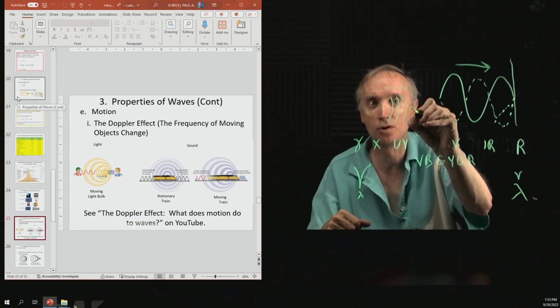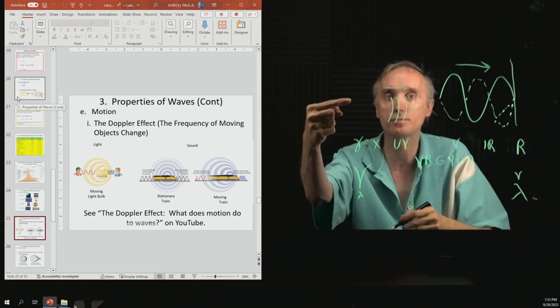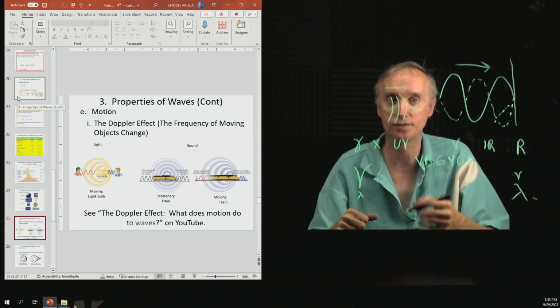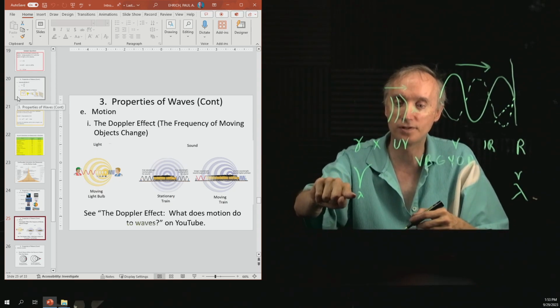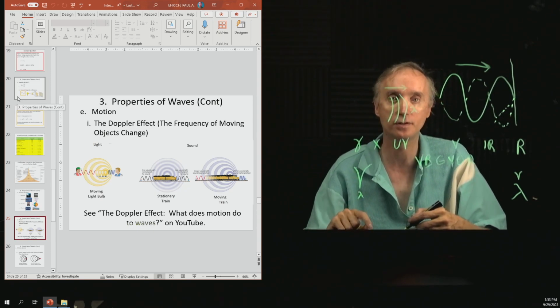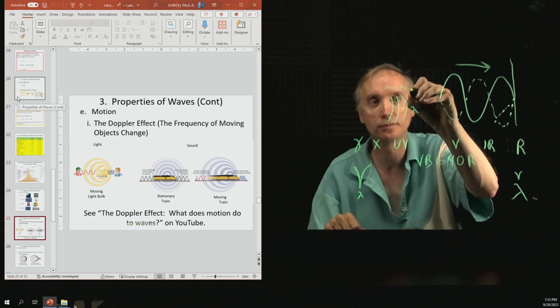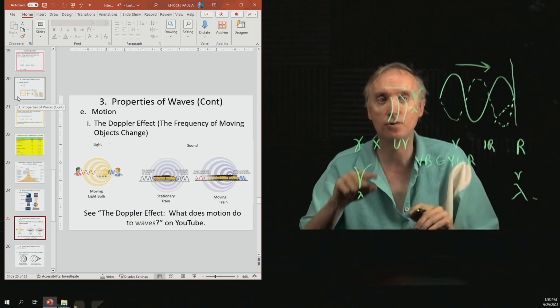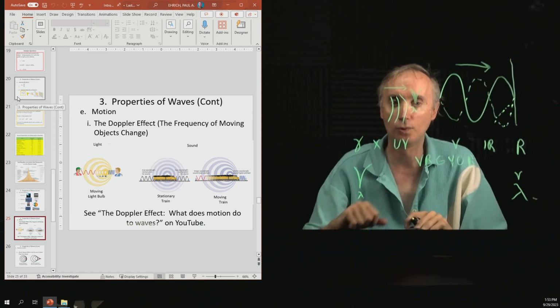Small wavelength if it's moving towards you. What does that mean about the frequency? Well, we said small wavelength, large frequency. So I'm going to put a large frequency that corresponds to the small wavelength.